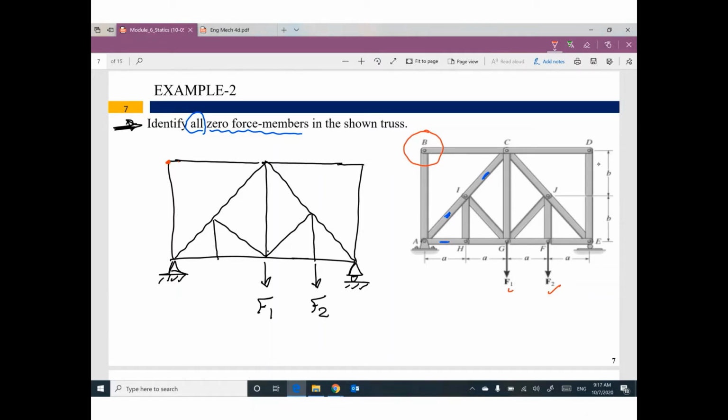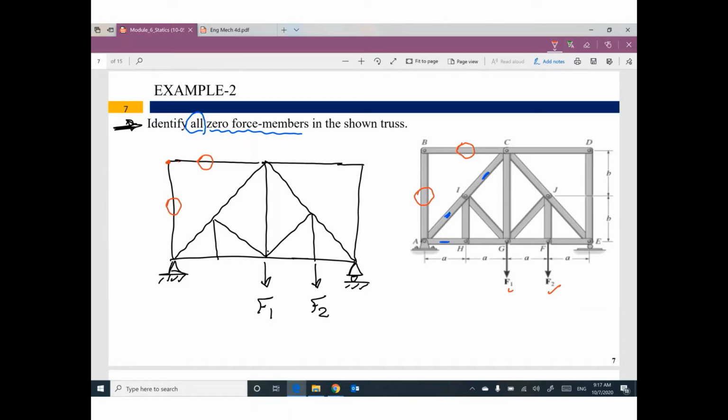No. That means this member and this member will be 0 force members. Just circle the member, don't circle the joint, so I can understand member AB is 0, member BC is 0.